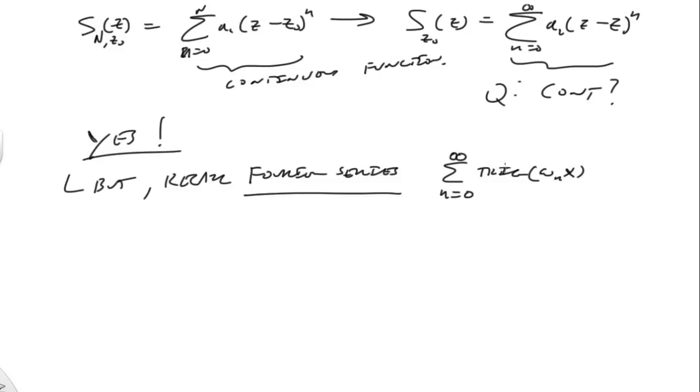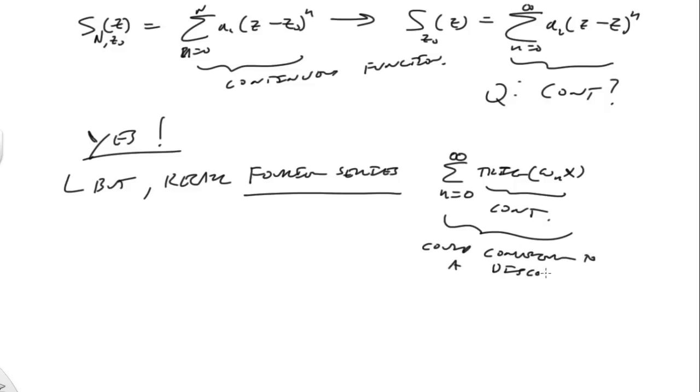It's going to be something like that, and of course each one of those is continuous. But it turns out the infinite sum itself could converge to a discontinuous function.